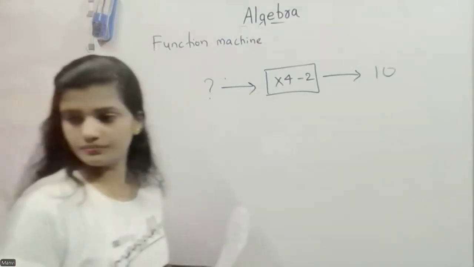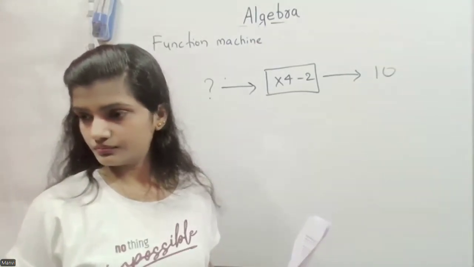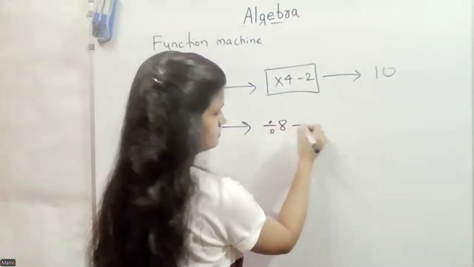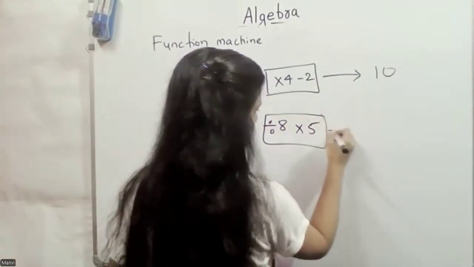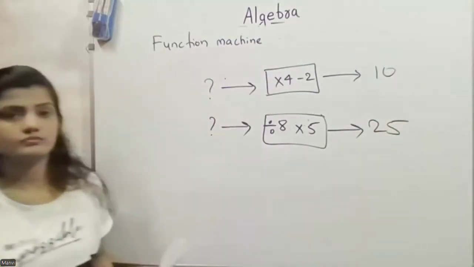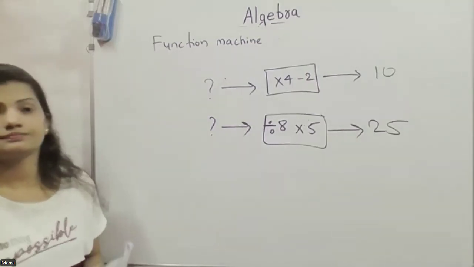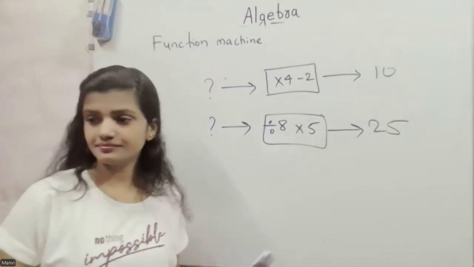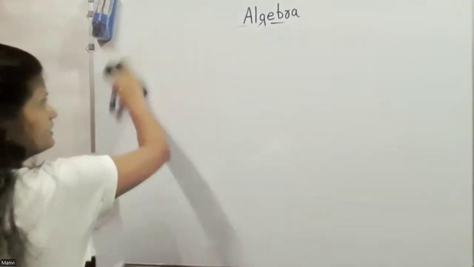Yeah. What's the next one? Is it 40? Yes. Okay, I think now you're okay with this function machine as well.